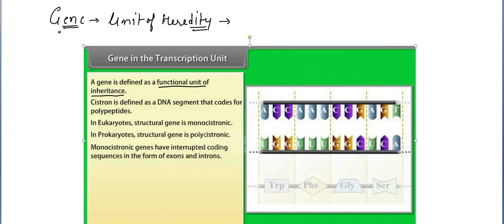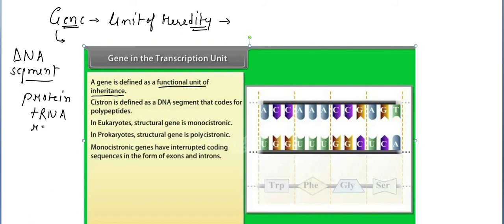Now, what is a gene? The DNA segment which codes for the protein or tRNA or rRNA is considered a gene. All in all, coding DNA sequences are called genes.